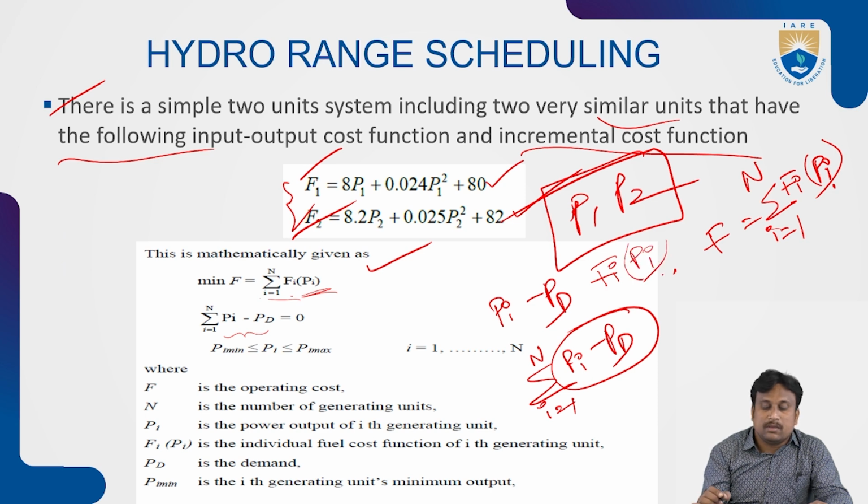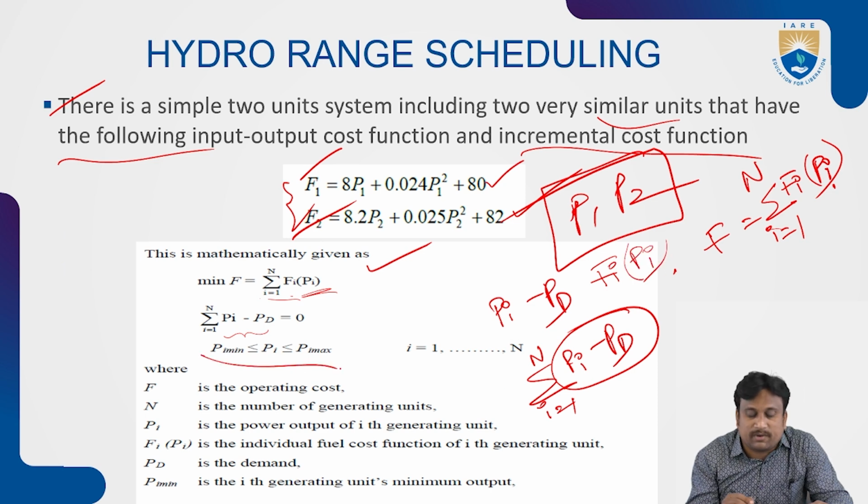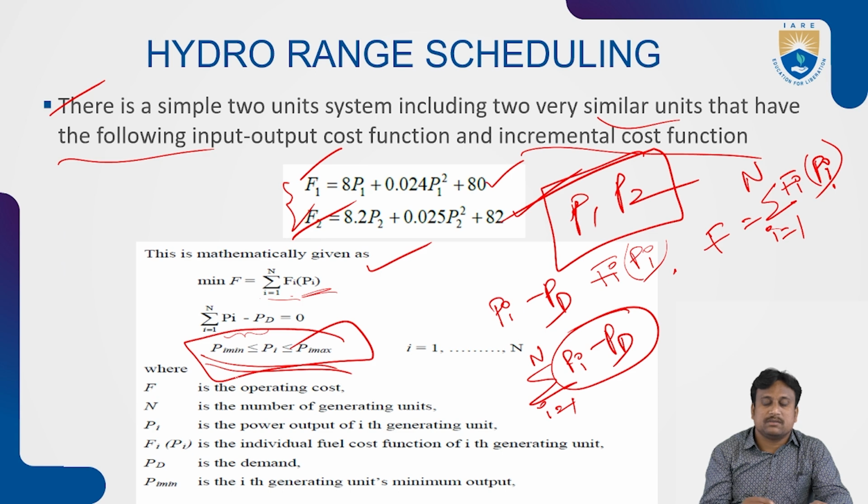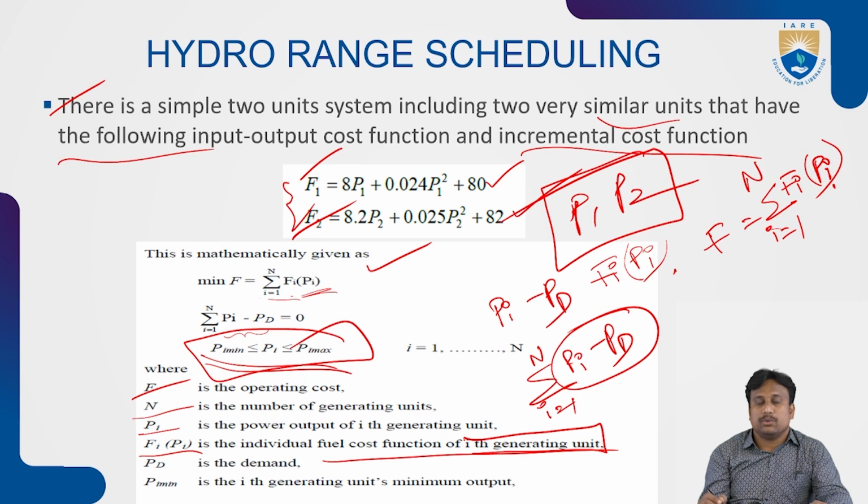This may exist from minimum to maximum, that is Pi minimum less than or equal to Pi, which is less than or equal to Pi maximum, where F is the operating cost, N is the number of generating units, Pi is the power output of the ith generating unit, and Fi of Pi is the individual fuel cost function of the ith generating unit.